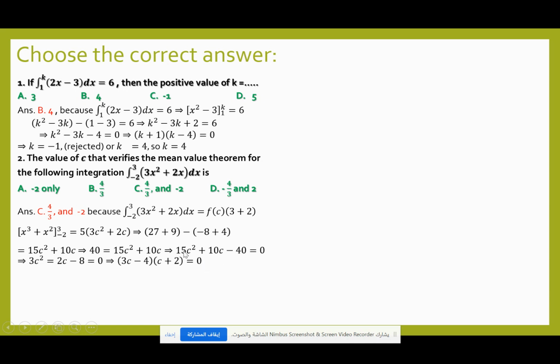You know something we did before when we factorized it? We divide this all by 5. So 15 divided by 5 is 3. 3c squared plus 2c minus 8. It's all equal to 0.